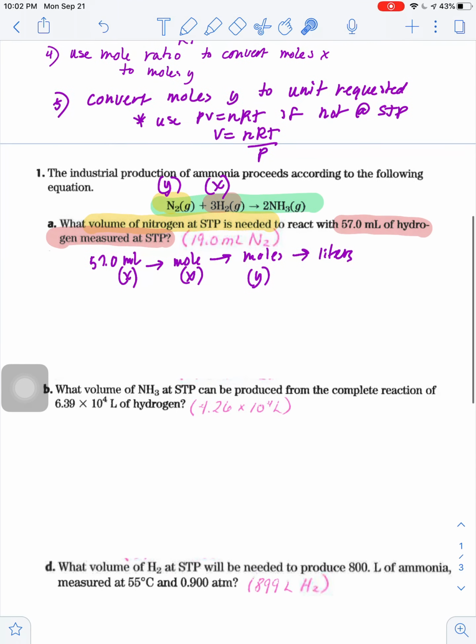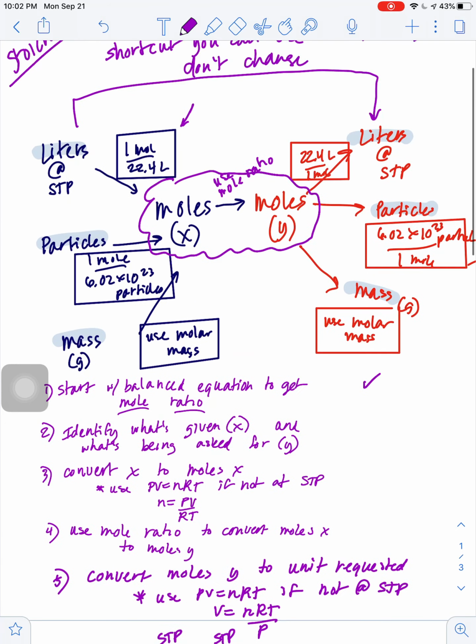So let's look at the problem. Are we at STP? Yes, we are at STP at the beginning, and we are at STP at the end. So that's important to label the conditions. So the conditions don't change, and they are standard temperature and pressure the whole time.